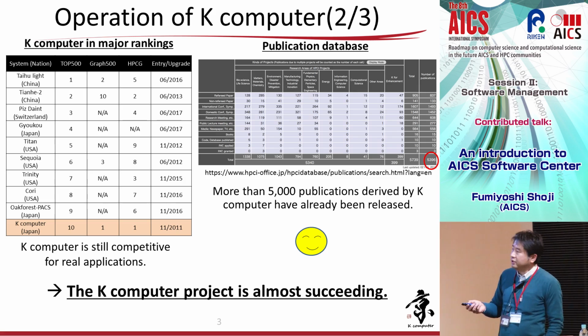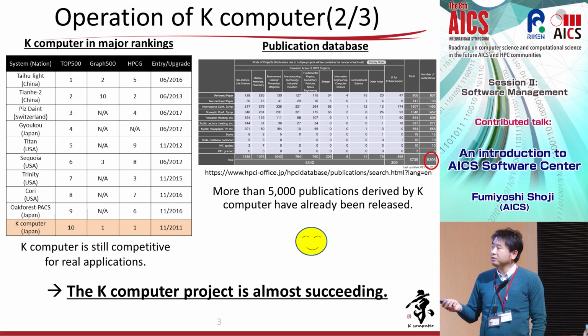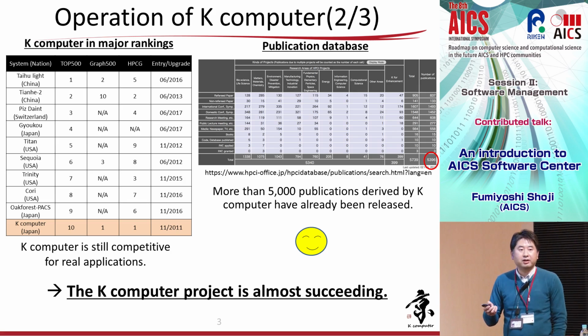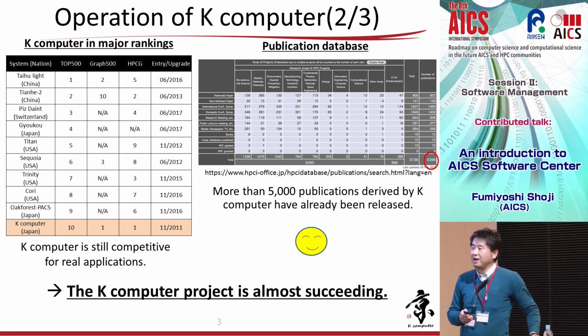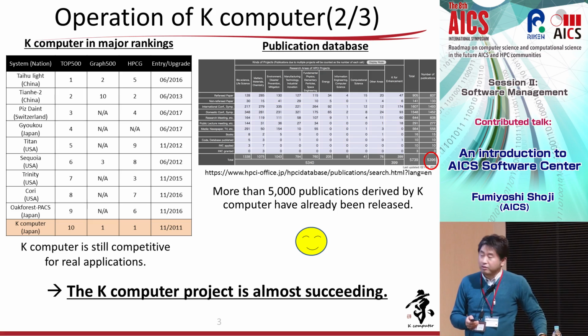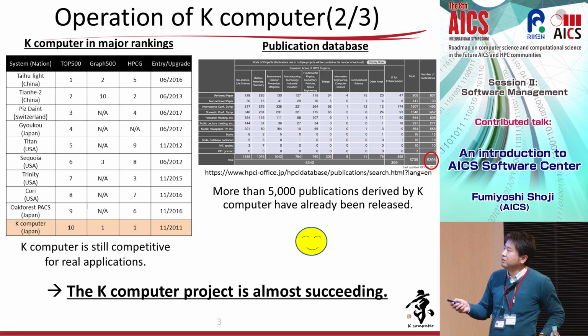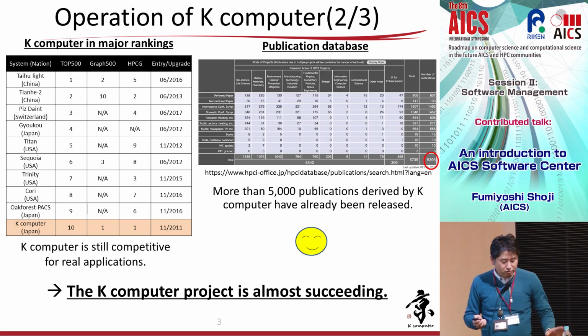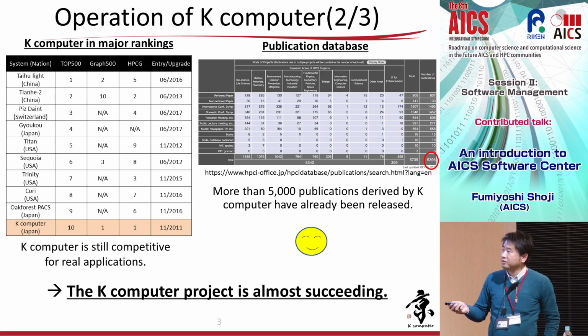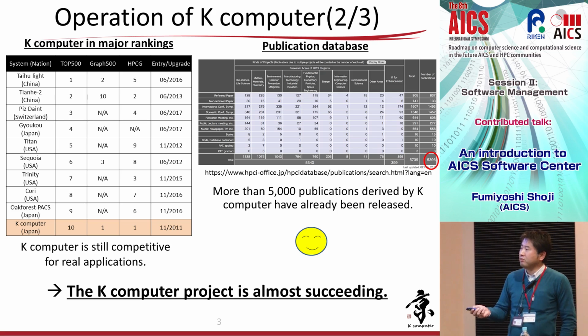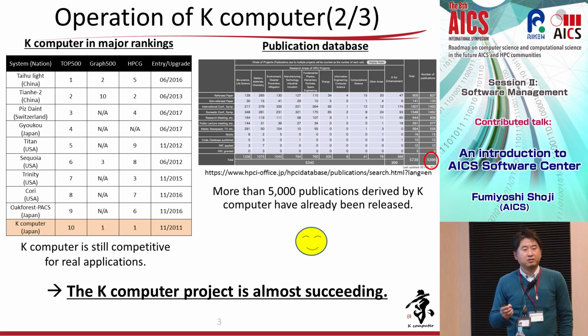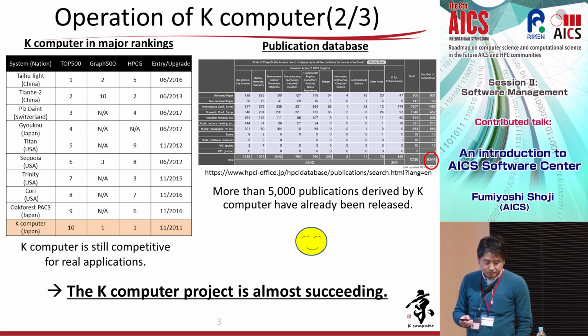Currently, K computer is number 10 in the Top 500 list. However, in Graph 500 and the HPC ranking, as you know, K is ranked in the first place. So it means K computer is still competitive for real applications.